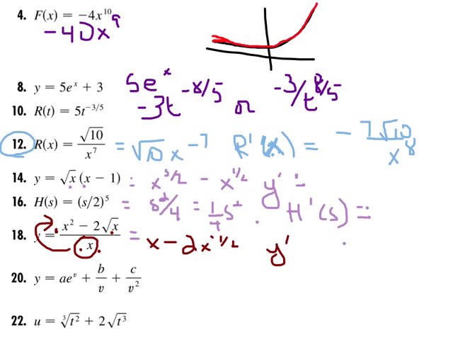So this, and these last two I'm not going to write down, but you should. You want to rewrite this function as a e to the v plus b v to the negative first plus c v to the negative second, and then find its derivative. This is t to the 2/3 plus 2t to the 1/3 is how you want to rewrite that, and then you find the derivative.